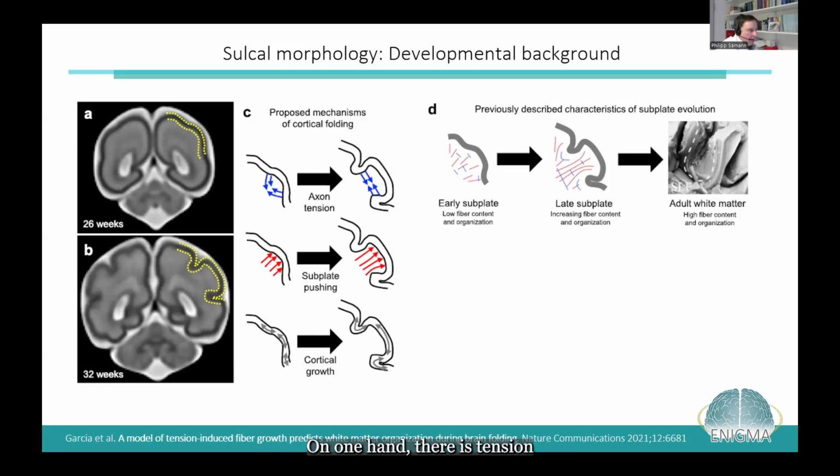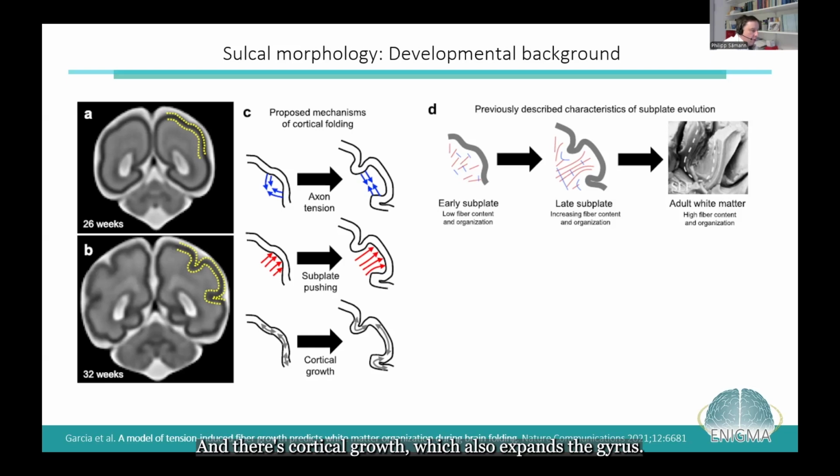On one hand, there is tension coming from axons that develop, and they pull together the basis of the gyrus. And there's also pressure coming from inside the brain, pushing out the subplate and trying to move tissue into the gyrus.